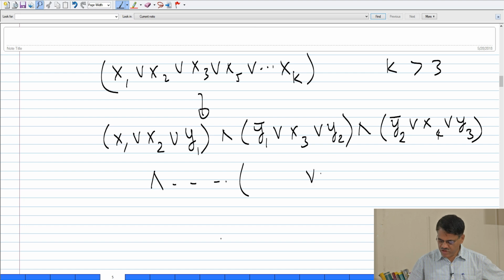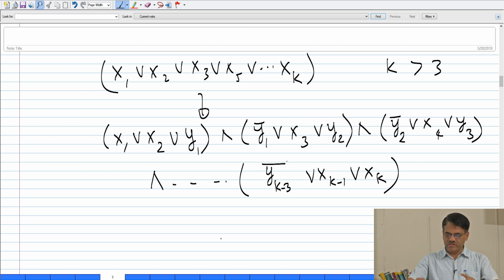Somewhere I will have y(k-3) bar or x(k-1) or xk, and some bar will appear here. What bar will come? I think it is this. So I have taken this clause which has more variables than what I want, 3, and I have broken it up into various clauses of this type. Is it clear what I have done? I've just thrown in new variables and broken this big clause into clauses where each has at most 3 variables.